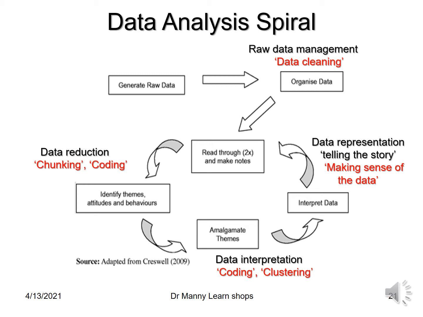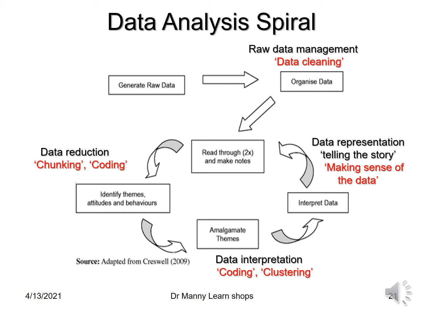And when you organise the data, you're reading it. Not once, not twice, not 3 times, but constantly. Immersing yourself in the data, and you're constantly making notes. This is where you identify themes from perceptions, attitudes, behaviours.